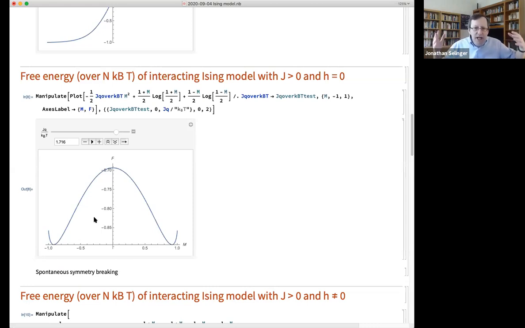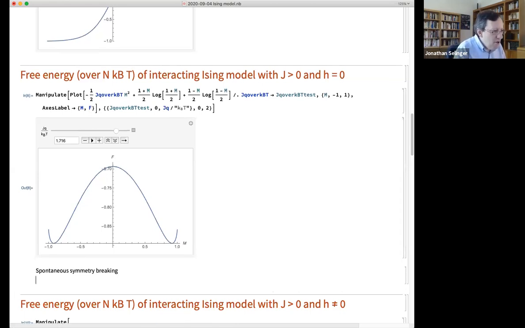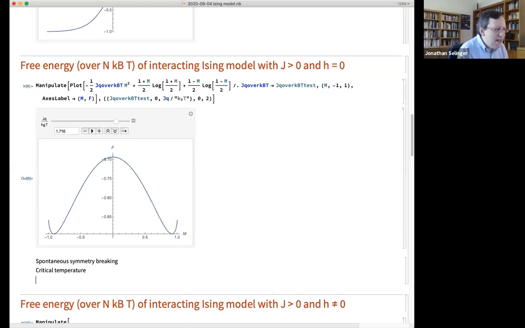If you reduce the temperature, you'll stay at that symmetric state, half pointing up, half pointing down, until you get to a certain specific temperature, which is called the critical temperature. Okay? So at temperatures above Tc, there will be no magnetic order.